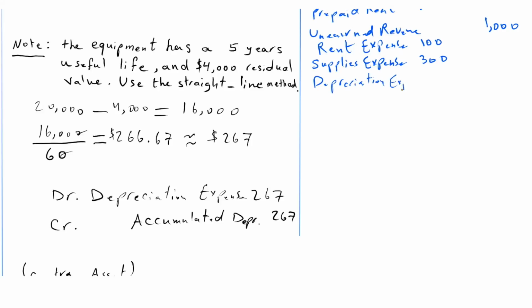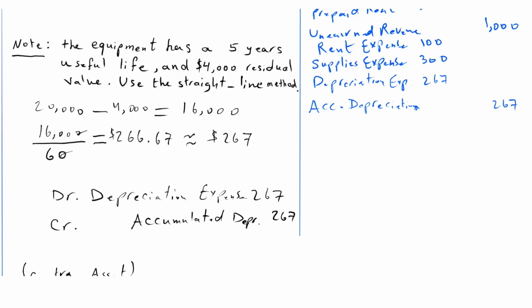Depreciation expense was 267. And then accumulated depreciation is a contra asset account, and it has a credit balance, so that would be a 267 credit.